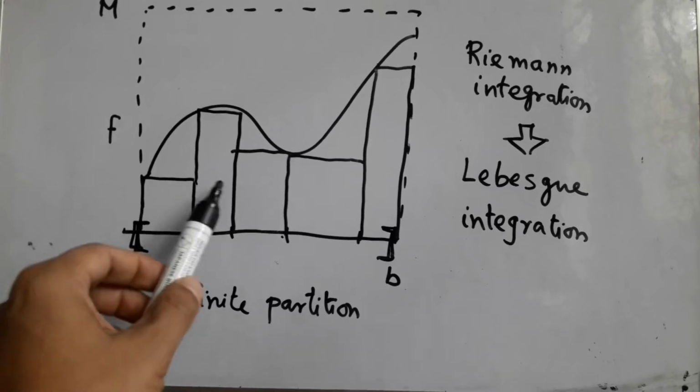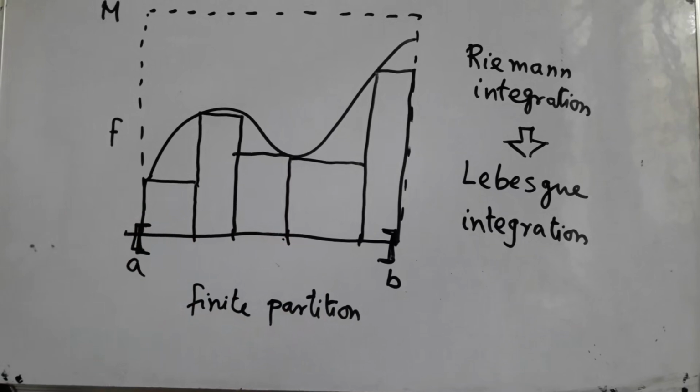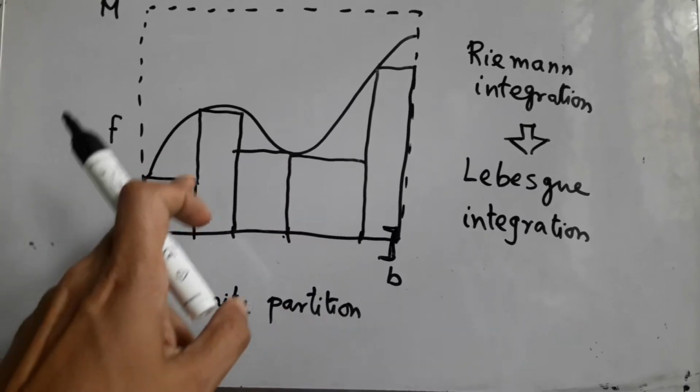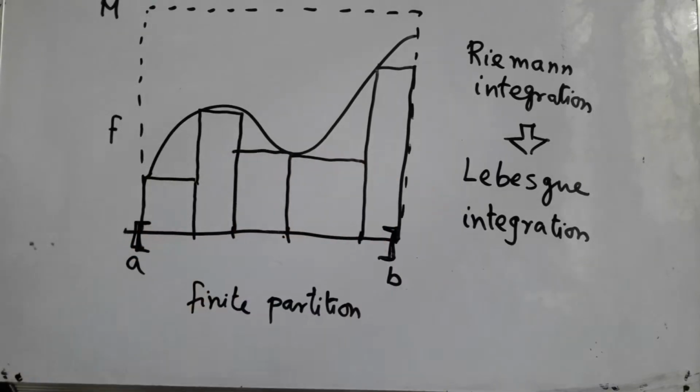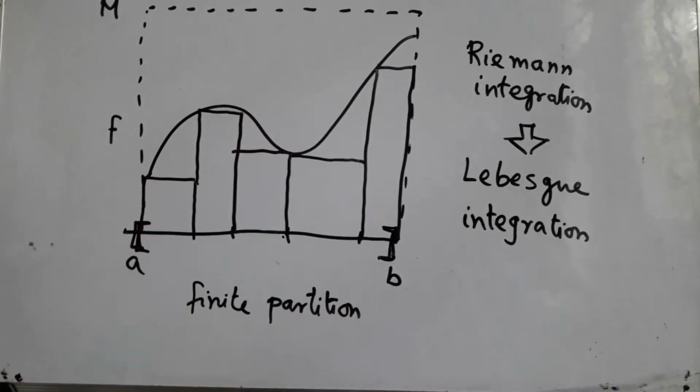Now we have a finite collection of rectangles. We know how to find out the area of rectangles. So we can say that the total area of all the rectangles must give you a lower bound for the area that we are trying to find out.